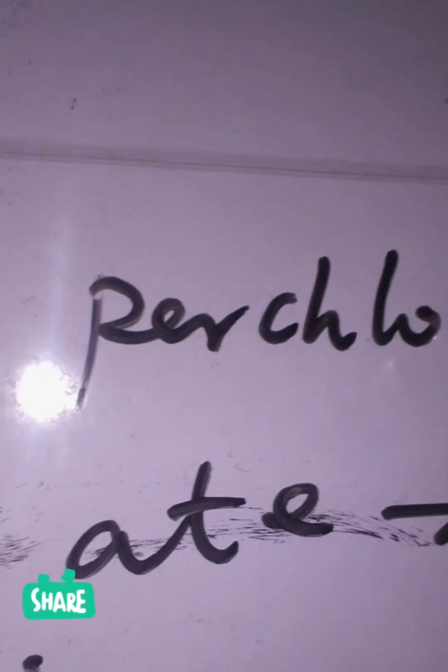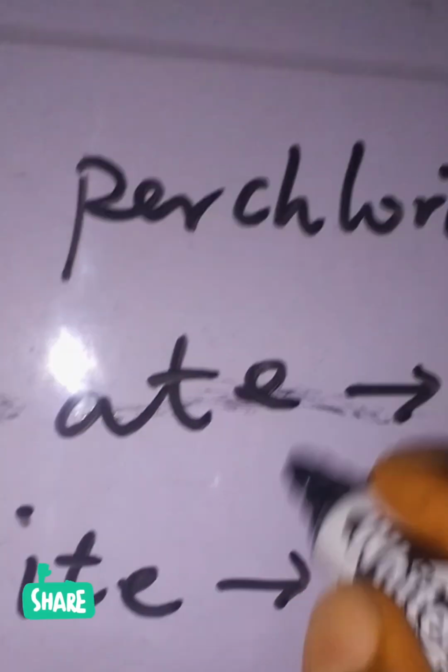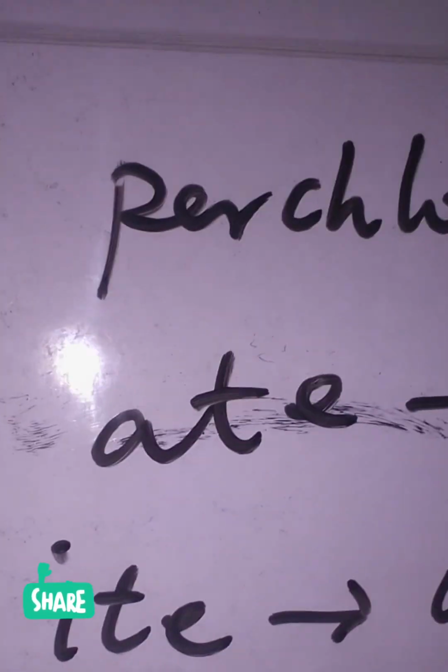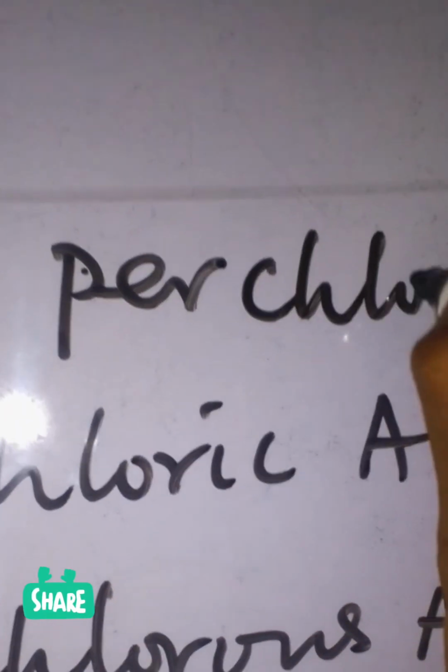You name it. Perchlorate is going to give us perchloric. So the name of this is perchloric acid. Perchloric acid. That is what we are going to get.